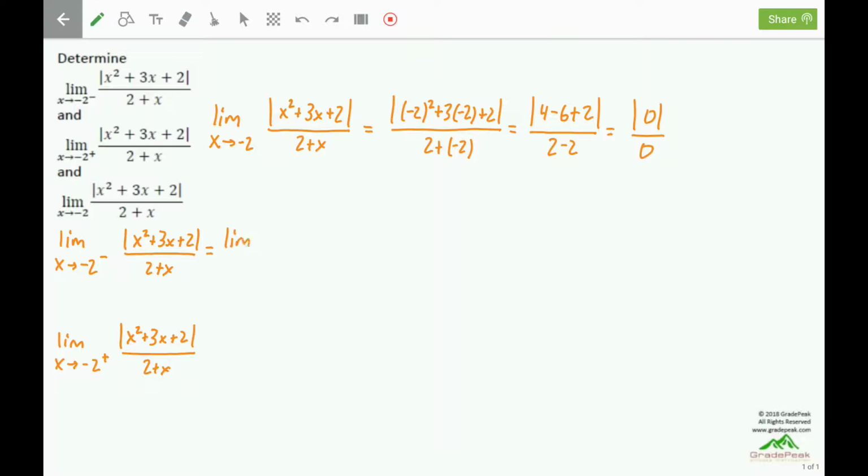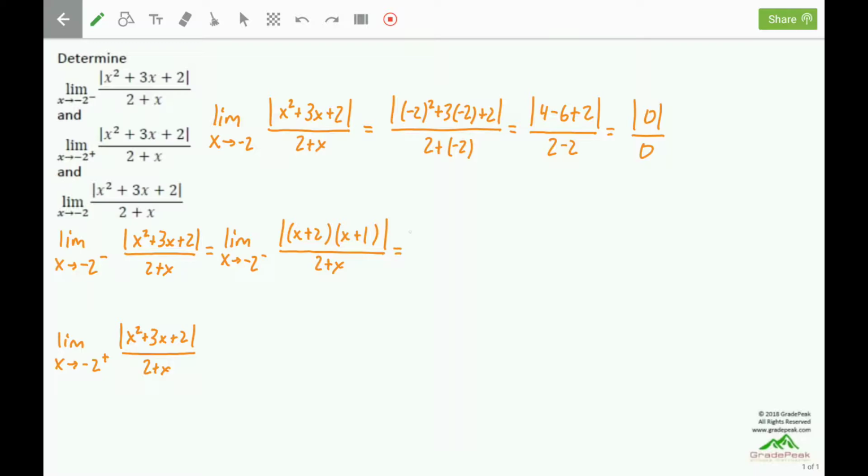First thing to do here is factor the trinomial quadratic within the absolute value symbols. It will factor into an x, in x, we need two numbers that multiply to a +2 and add to a +3. +2 and +1 will take care of that, all over the 2 plus x.